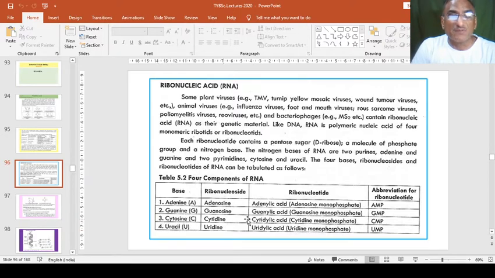As per the names given, these are acid groups, because nucleotides are acidic and nucleosides are alkaline, simply. Abbreviations for ribonucleotides are AMP, GMP, CMP, and UMP: adenosine monophosphate, guanosine monophosphate, cytosine monophosphate, and uracil monophosphate. This is the simple structure of RNA.